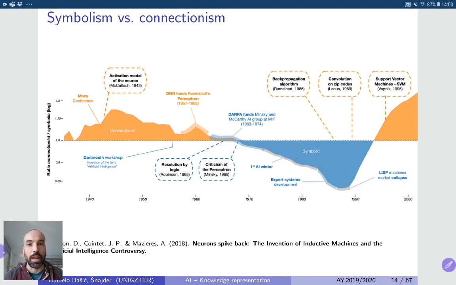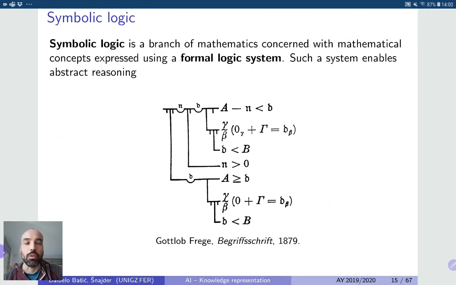Okay, now let's go back to the symbolic approach, and let's now try to talk about formal logic a bit more. Now, formal logic, also known as symbolic logic, is a branch of math concerned with mathematical concepts that are expressed using formal logic systems.